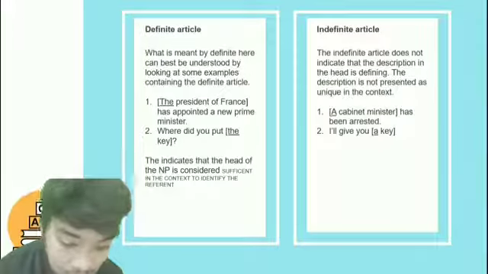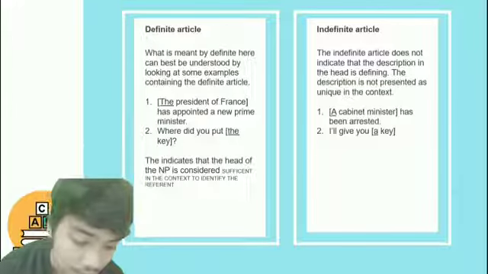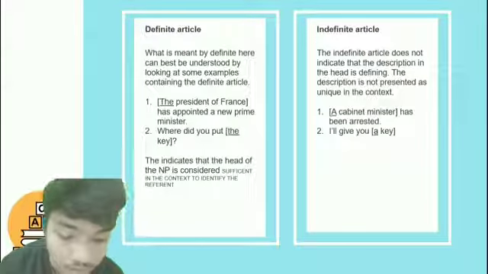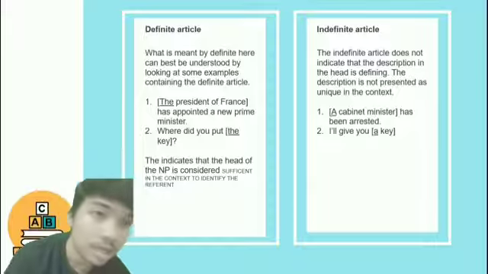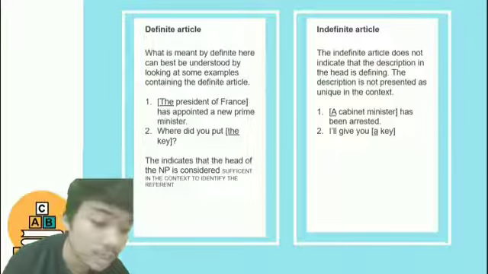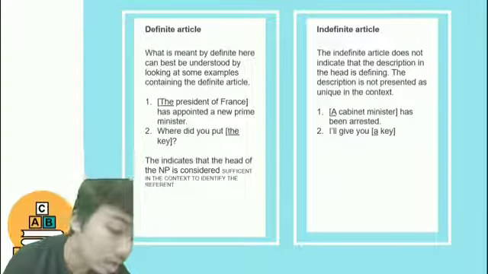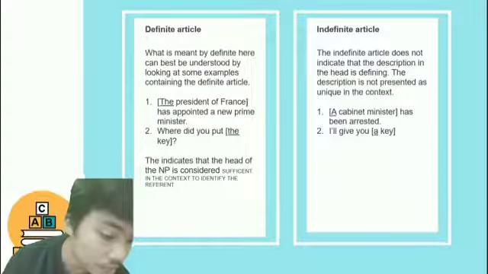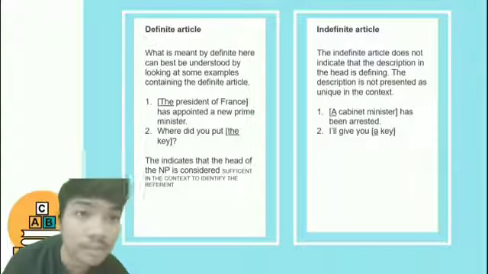The indicates that the head of the NP is considered sufficient in the context to identify the referent. Next is indefinite article. The indefinite article does not indicate that the description in the head is defining.